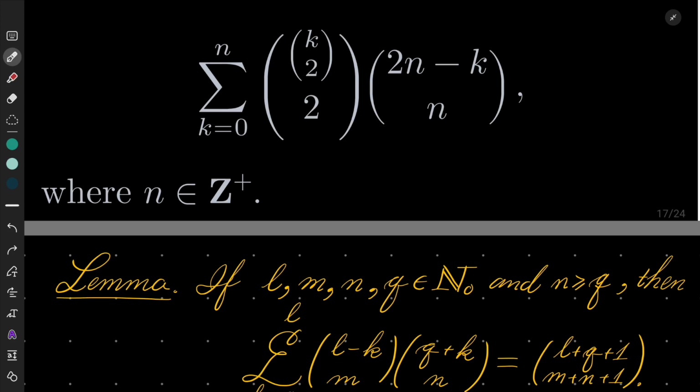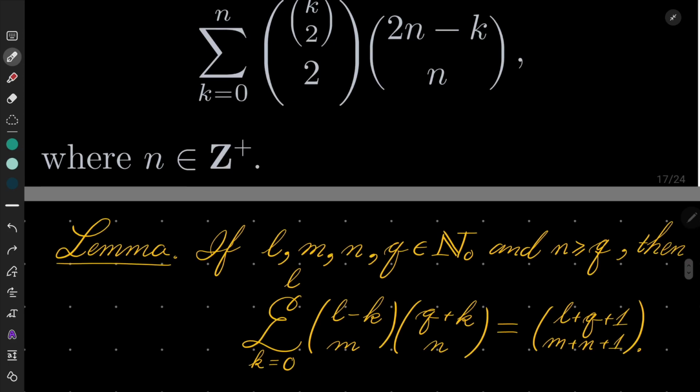If L, M, N, and Q are natural numbers from 0, and if n is greater than or equal to q, then the following sum over k from k equals 0 to L of L minus k choose m times q plus k choose n equals L plus q plus 1 choose m plus n plus 1.